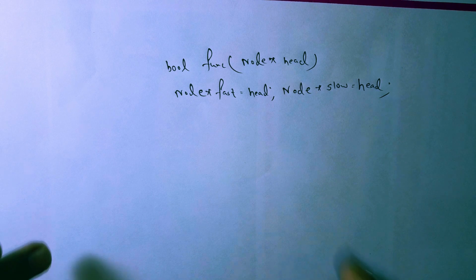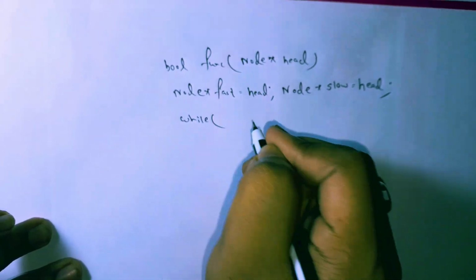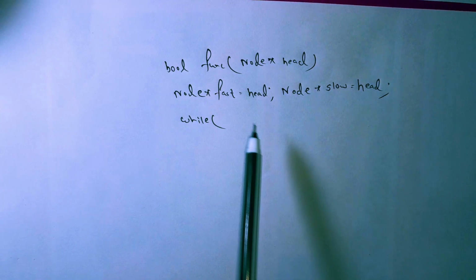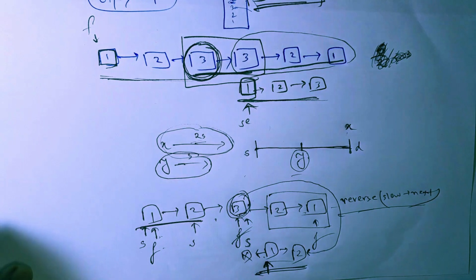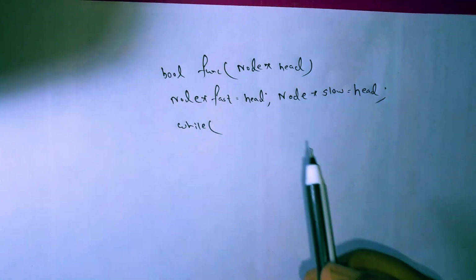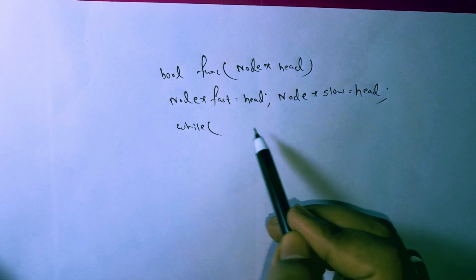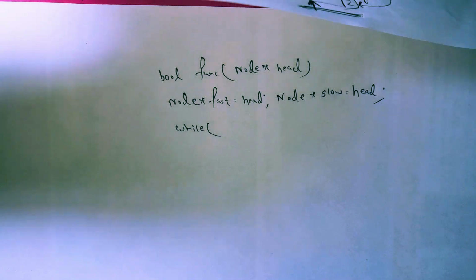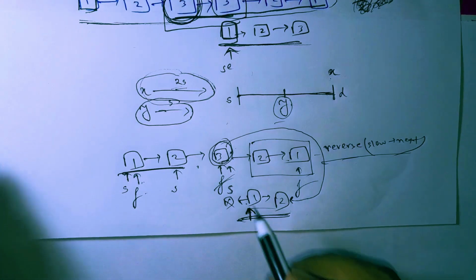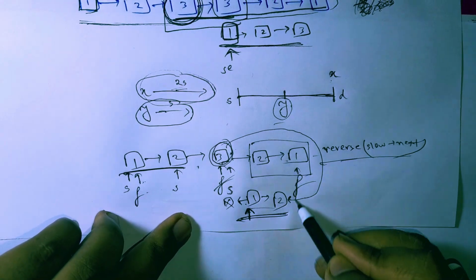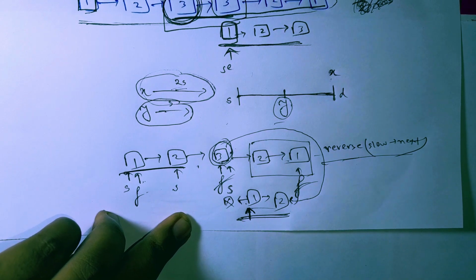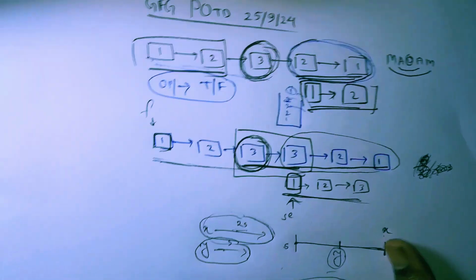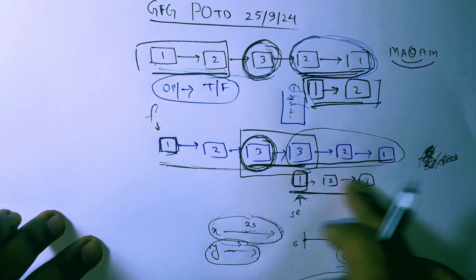And I will iterate through the linked list and move the fast and slow pointers. One thing you have to check is when my while loop will terminate. In this case you can see my fast pointer comes here, but what will be the scenario when the size of the linked list is even?